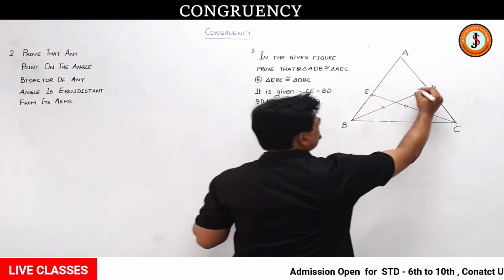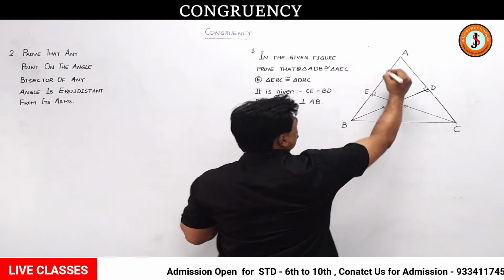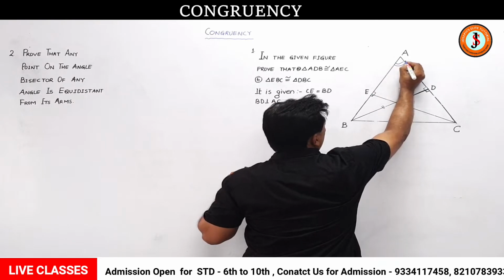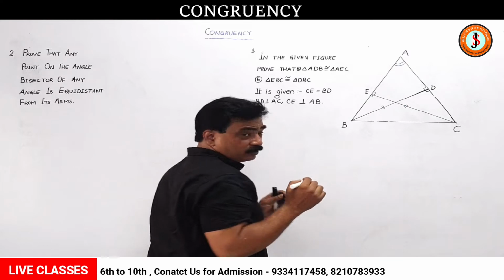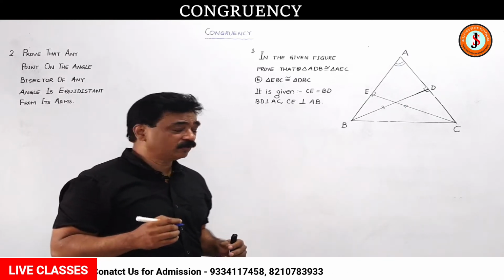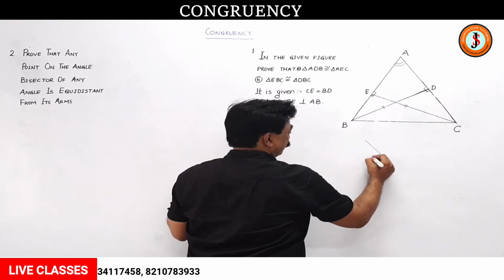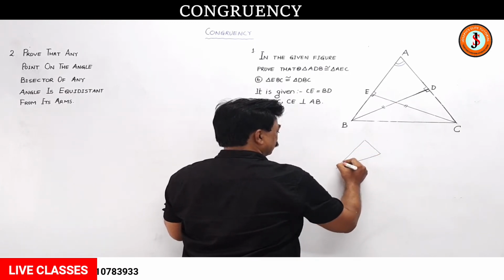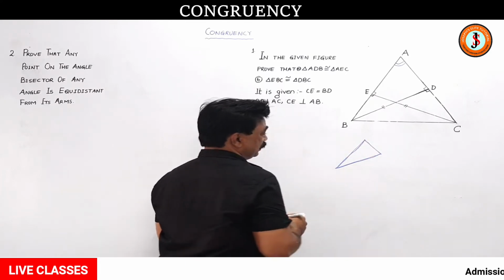I will mark this angle also should be 90, this angle should also be 90. This angle will be common in triangle ADB and triangle AEC. For the beginners, those who are learning congruency, you should take this triangle out. ADB I have taken out. Alright.